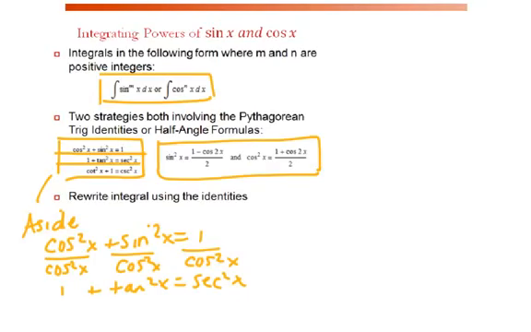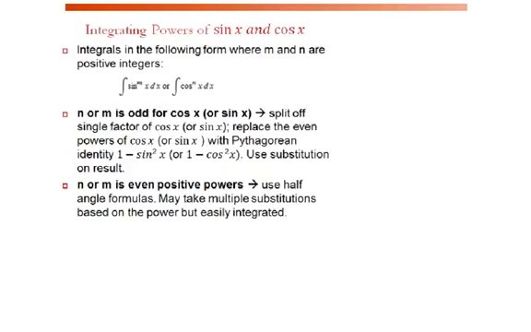So what's going to happen when we want to integrate powers of these functions? If you have an even or an odd power of sine or cosine, we're going to be doing different things. Let me lay out case 1. Case 1 is where n or m is odd for cosine or sine.